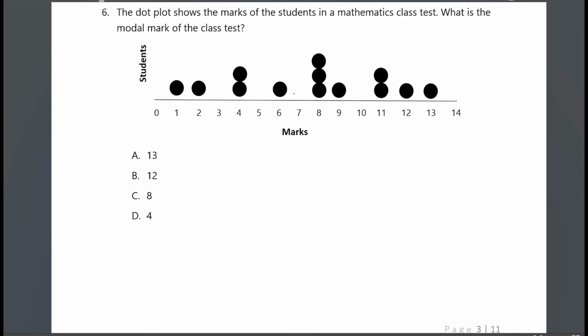And from the dot plot, you could see that that is a score of 8 because we have 3 students scoring 8 marks. So the most frequent score, in other words, the most popular score in the class, is a score of 8. And that represents the modal mark. So we select C.